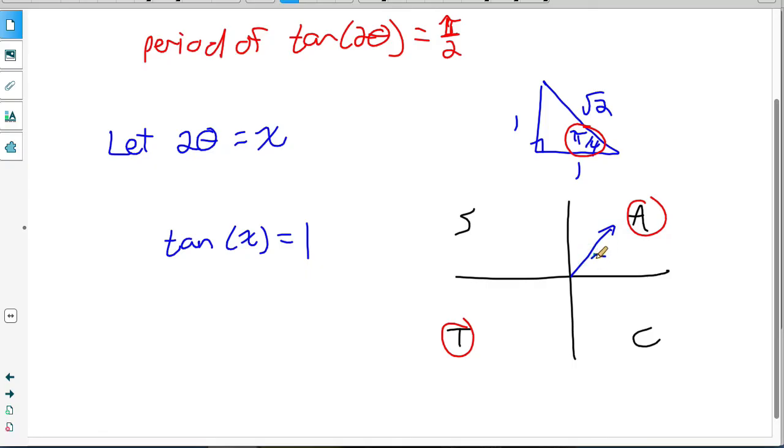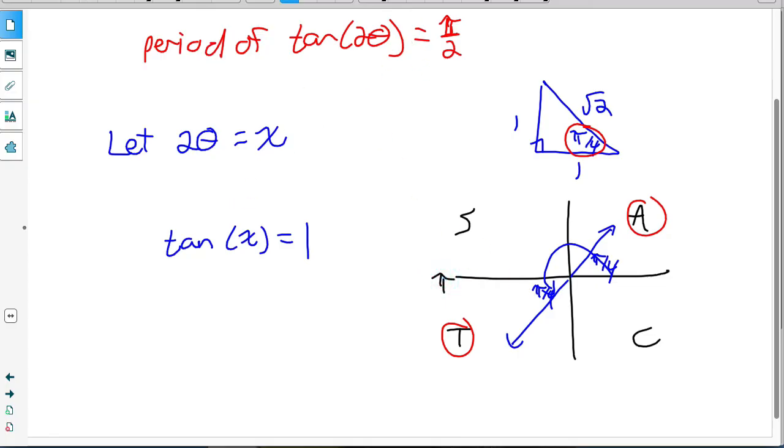I'll place pi over 4 reference angle here and a pi over 4 reference angle here, and then I'll calculate the principal angle for each of those. So for this terminal arm, the principal angle is just pi over 4. If you're in quadrant 1, the reference and principal are the same. But if I'm calculating the principal angle from here all the way over to this terminal arm, notice I went past pi by pi over 4.